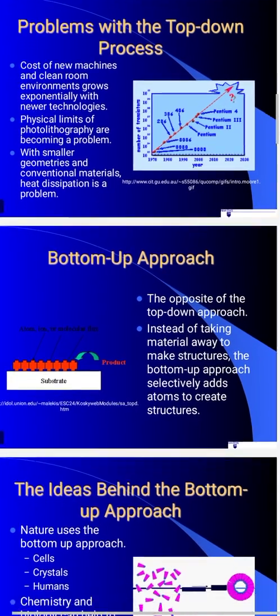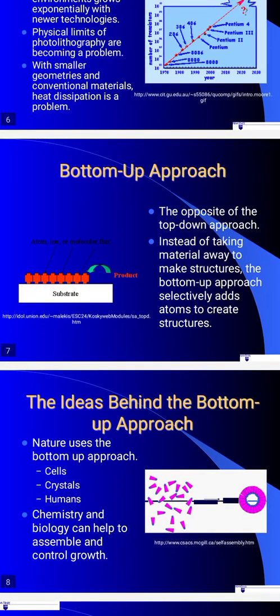Now next we move on to the bottom-up approach. It is the opposite of top-down. We are taking atoms, atom by atom, and arranging them to make a nanostructure. Instead of reducing the size of bulk material to nano size, we are starting from the bottom. The bottom point is one atom, isn't it?